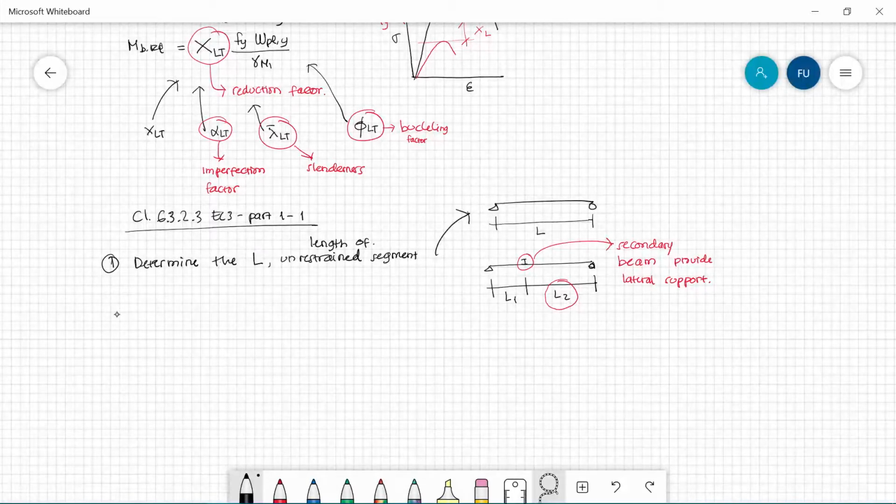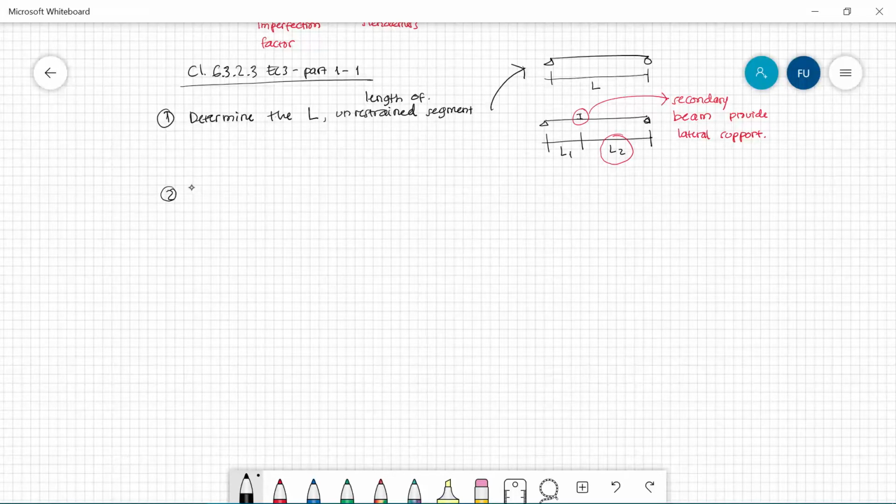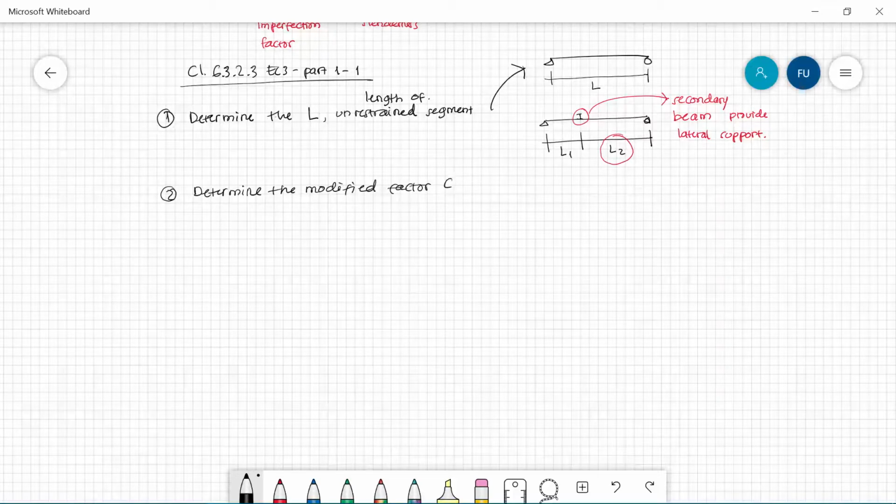Step number two, determine the modified factor C1 based on bending moment diagram shape.